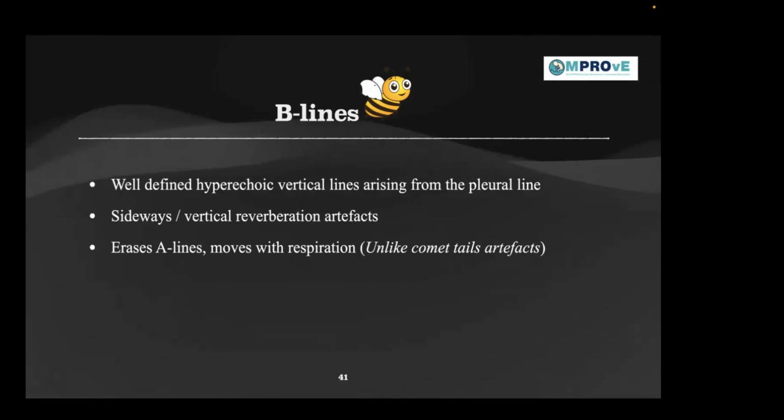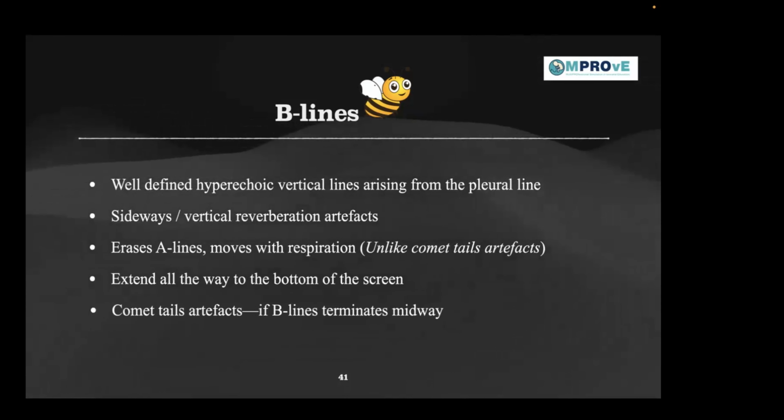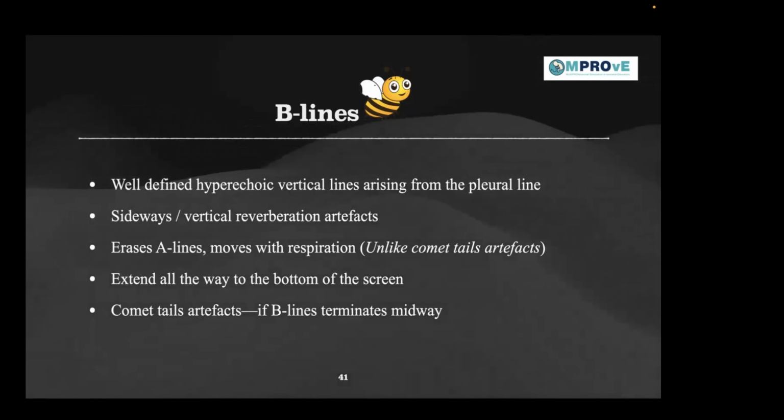It erases the A lines, of course, because if there's fluid, there won't be air, and it moves with respiration, unlike the comet tail artifacts. It extends all the way to the bottom of the screen. That's the way you differentiate it from the comet tail artifacts, because comet tail artifacts terminate midway, so they don't reach the end of the screen.